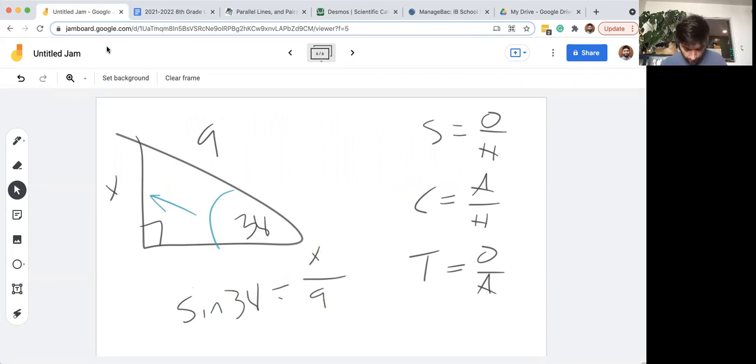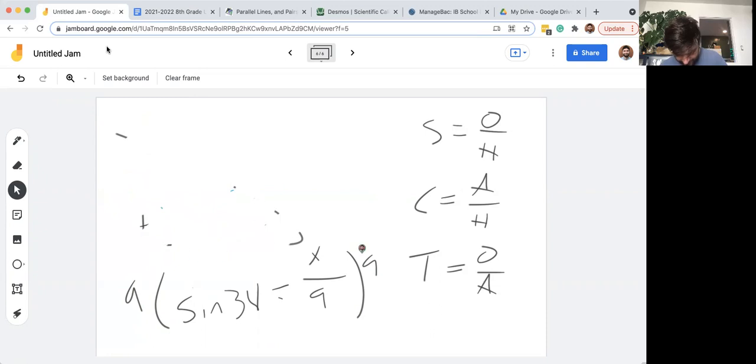So when X is my numerator, I'm just going to multiply both sides by 9. And then I know that 9 times the sine of 34 equals X, because my 9s cancel.